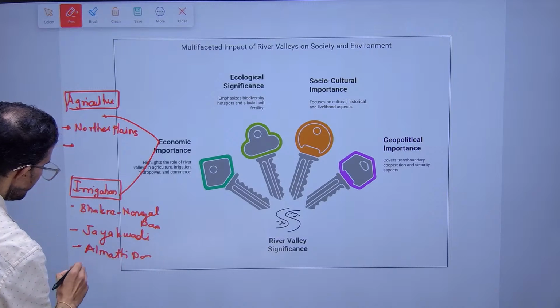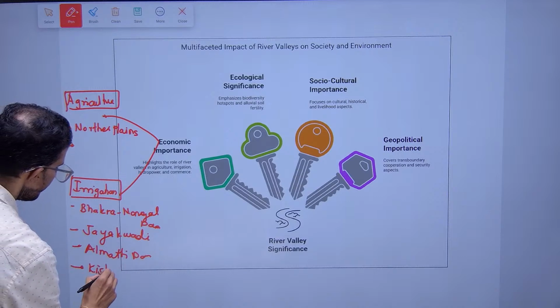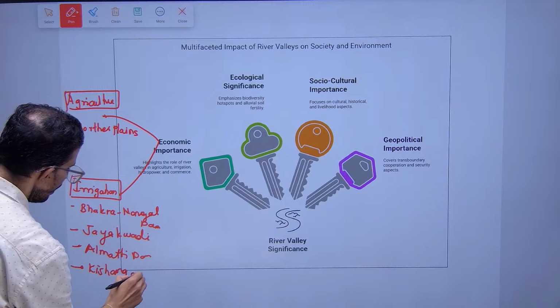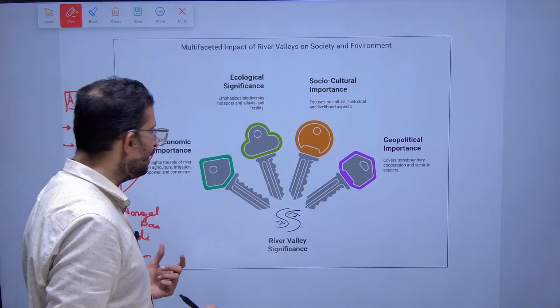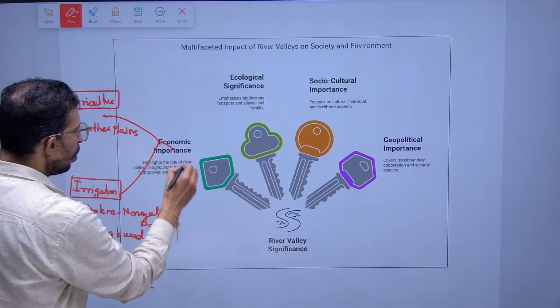We have also seen the Kishan Ganga project. Explain this. I am just giving you the keywords. You have to write. Then with respect to commerce.